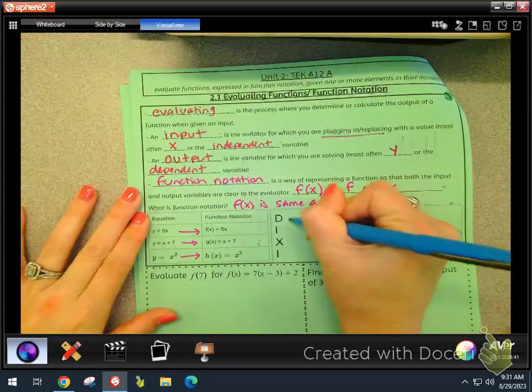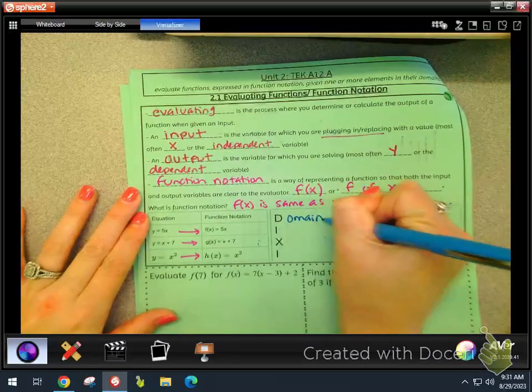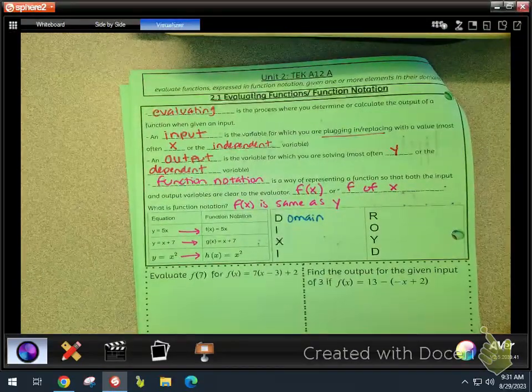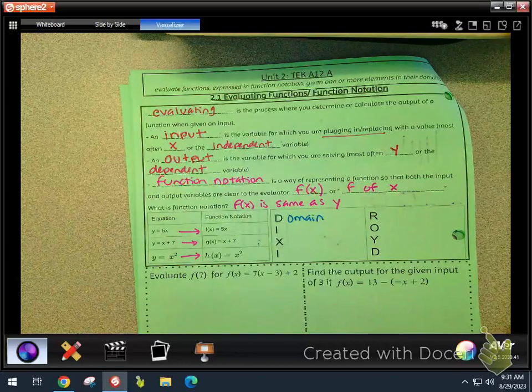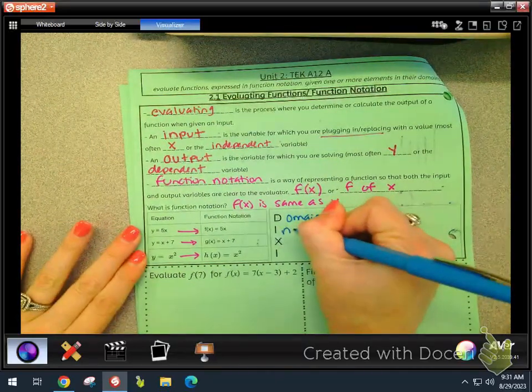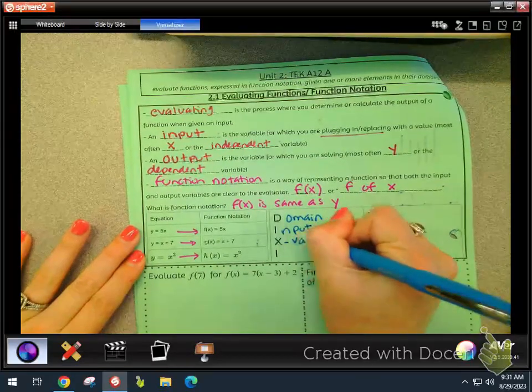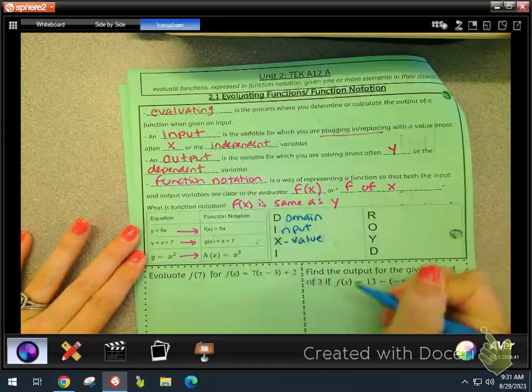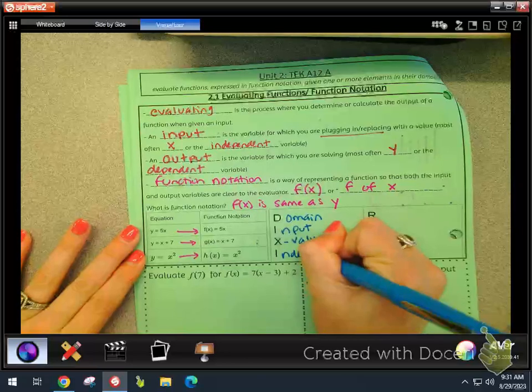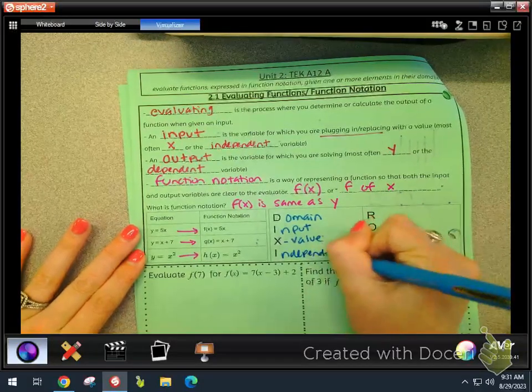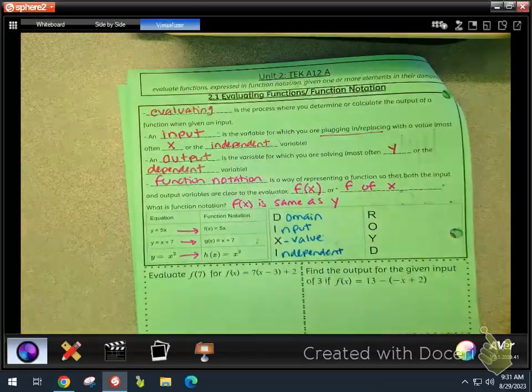So Dixie stands for your domain, which we're really going to harp on next time. But we'll start with that there. Your domain is talking about your inputs, aka your x values, or your independent variables.